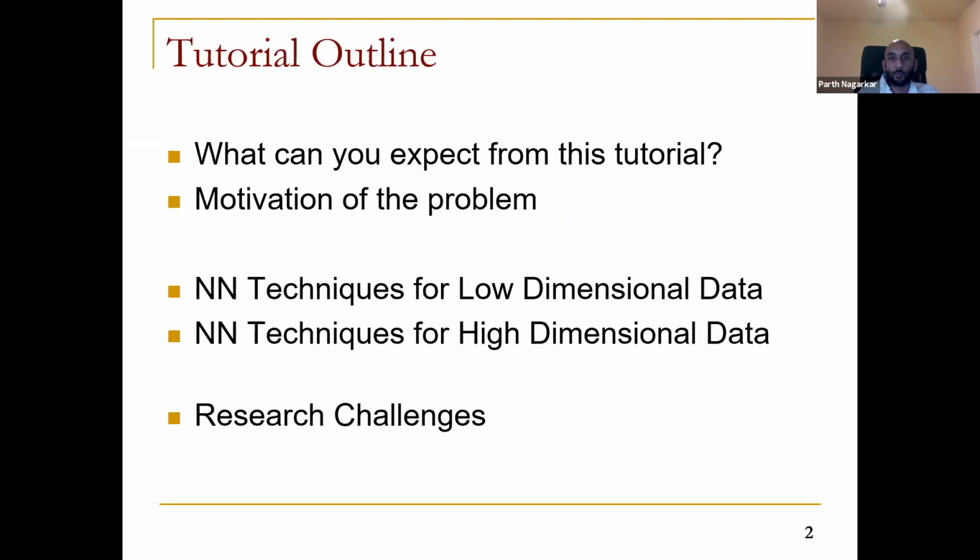Then I will go back and forth with Arnab, who will explain the nearest neighbor techniques for low dimensional data. After that, I will explain the techniques for high dimensional data. And we will conclude the tutorial on the research challenges that we see should be addressed in the next few years.